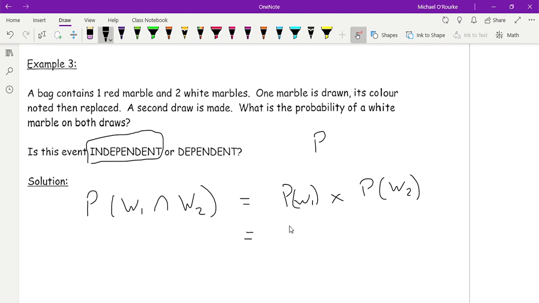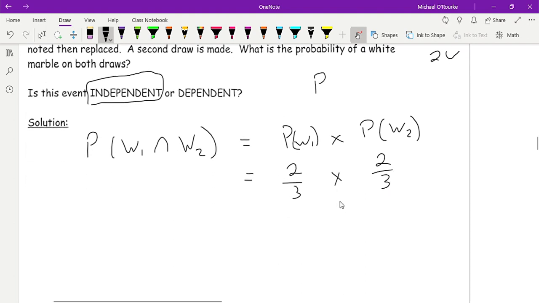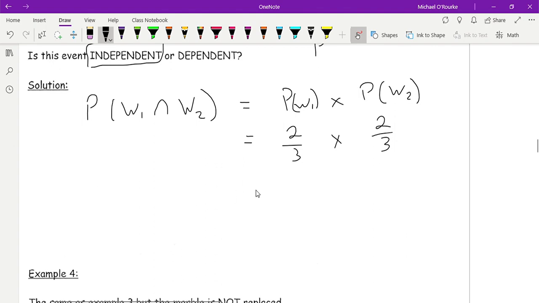Since we have 1 red and 2 white, the probability of pulling a white is 2/3 times 2/3, because each of those probabilities will be the same. Which equals 4/9.